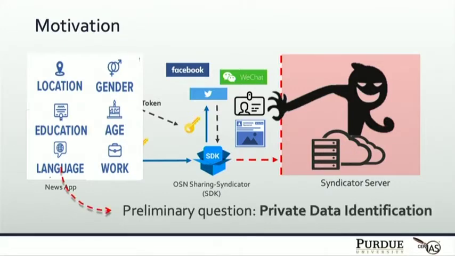To fight against such stealthy behaviors, the preliminary question here is how can we automatically identify such sensitive data in a generic way? Then we can further integrate different kinds of existing analysis techniques to further track this data.